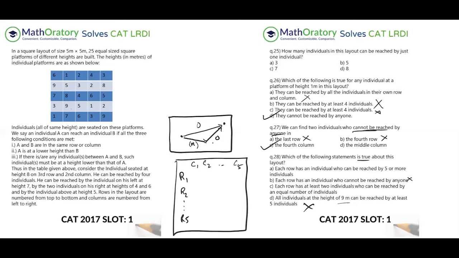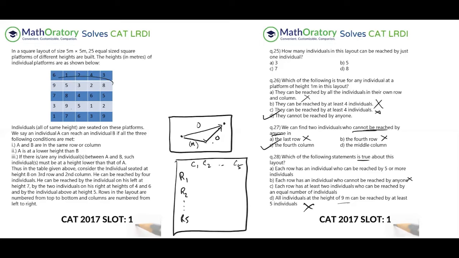I just need to find it for one individual. So let's test option A for 28. If that is also ruled out, then C is the answer. Otherwise A we can straight away mark. So let's test A. Each row has an individual who can be reached by 5 or more individuals. Okay, let's test this out.